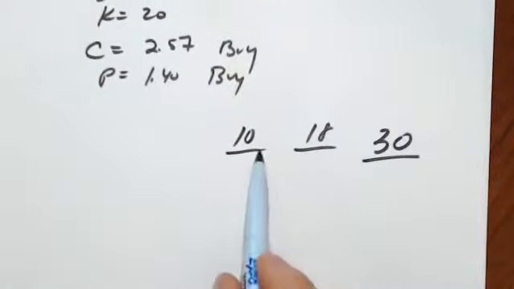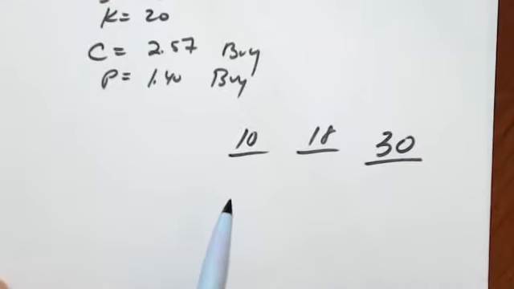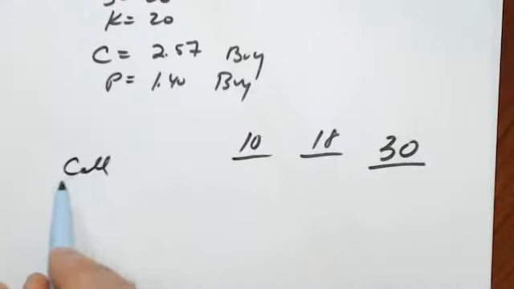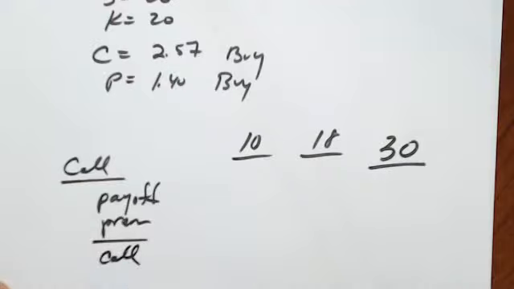So we've got quite volatile. I'm making these scenarios extreme so we get some volatility. Now, we have a call that we bought. So we're going to have a payoff, a premium, and the call profit, and then we're going to have the put, and then we're going to have the straddle.